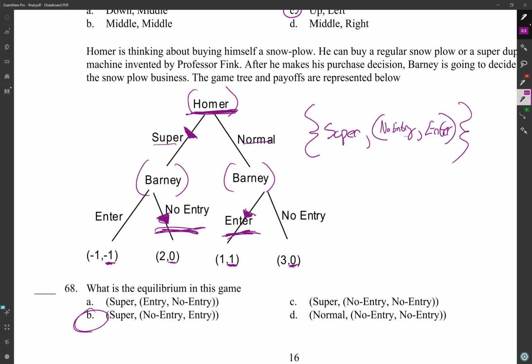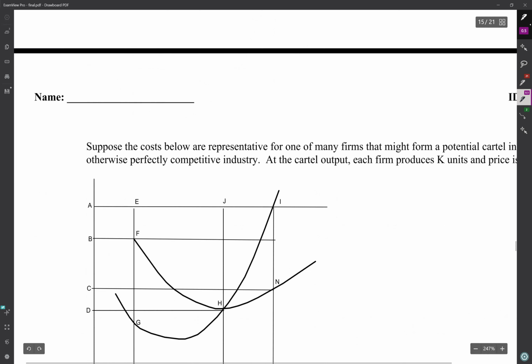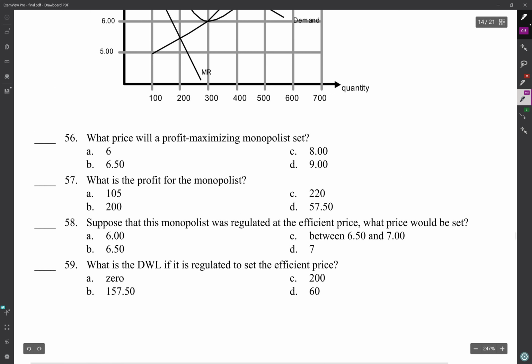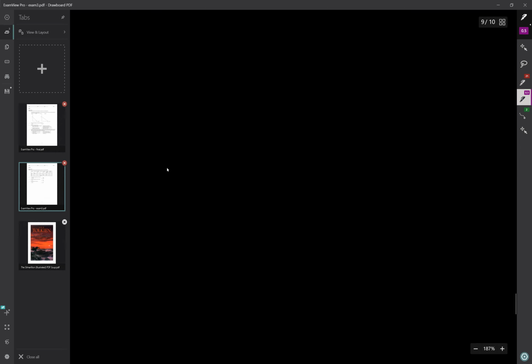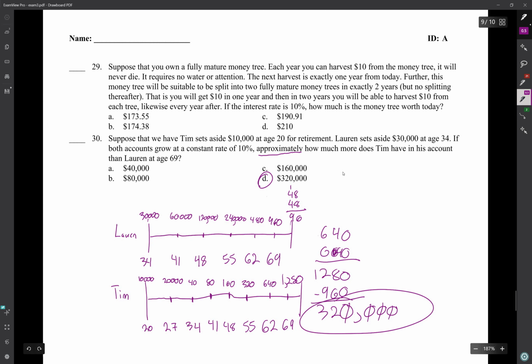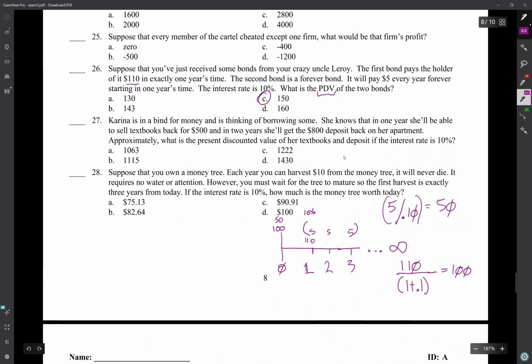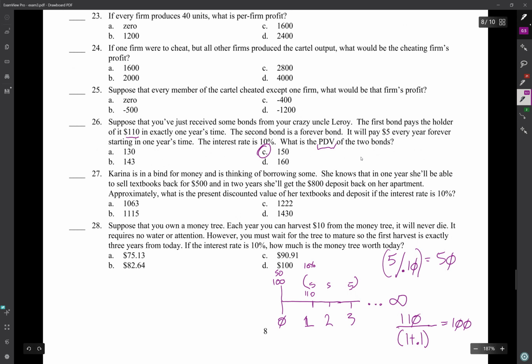The more tricky types of things we could do is let's go over to this one. Some of the more tricky things we could do is maybe we might have said for this problem, for example, maybe the first bond paid in time 3, instead of time 1.